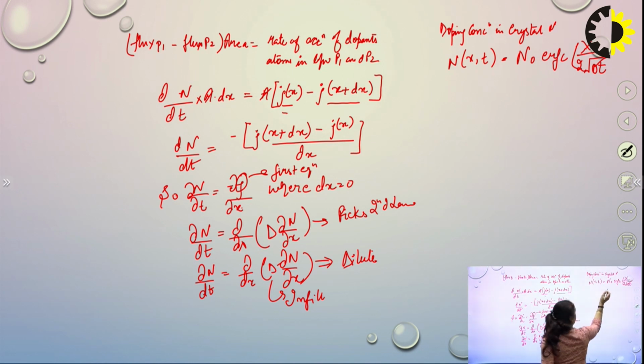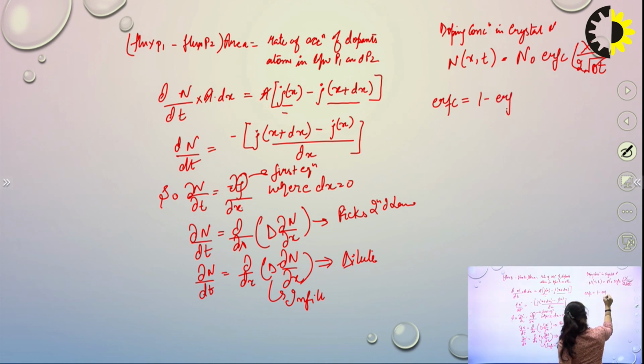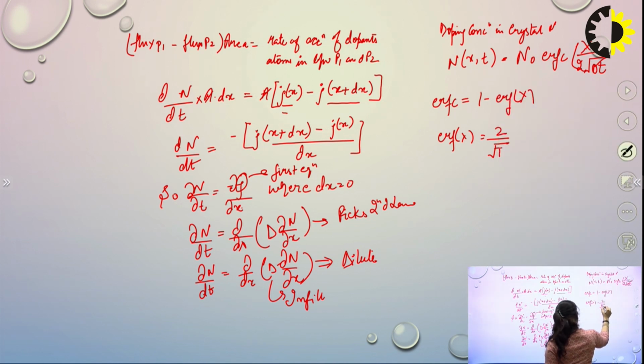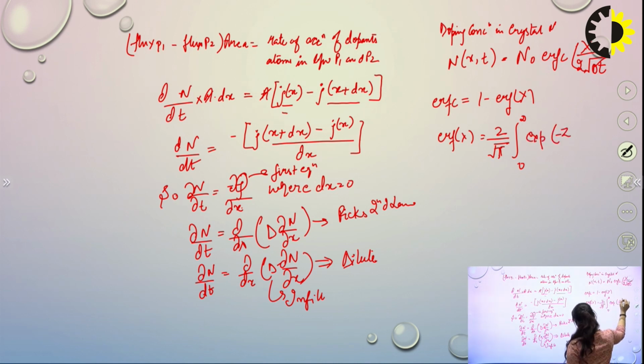And this error function complement is 1 minus the error function of x, and this error function of x is written as 2 divided by under root of pi, integral of 0 to x of exponential of minus z square dz, okay.